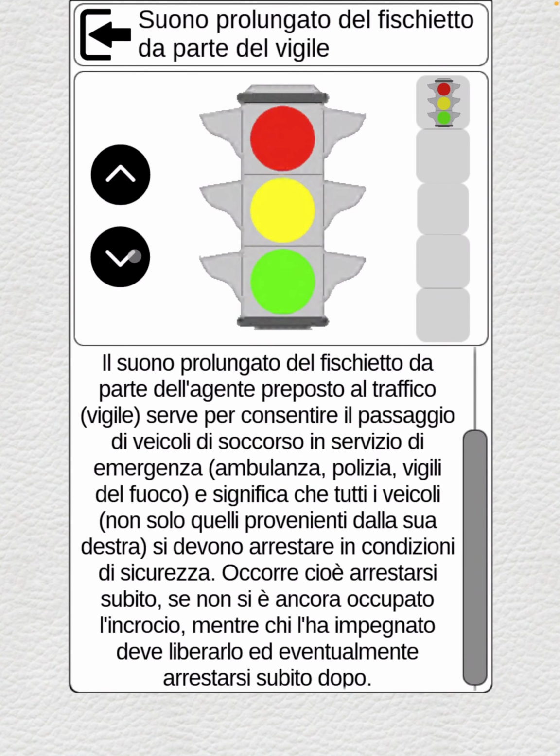Suono prolungato di fischietto da parte del vigile. It means if you come across a vigile on the traffic, he holds his whistle and blows it for a long time. He's trying to tell you, stop. Why?